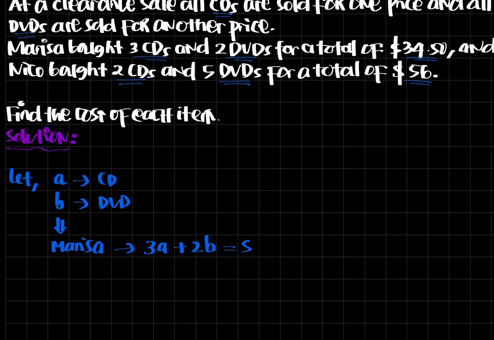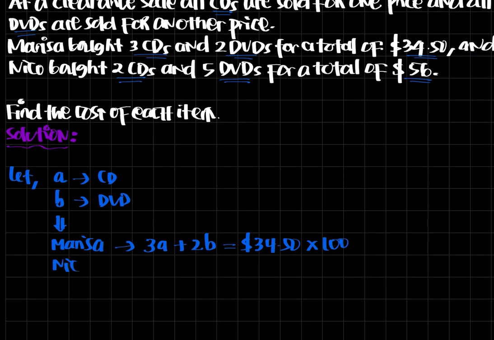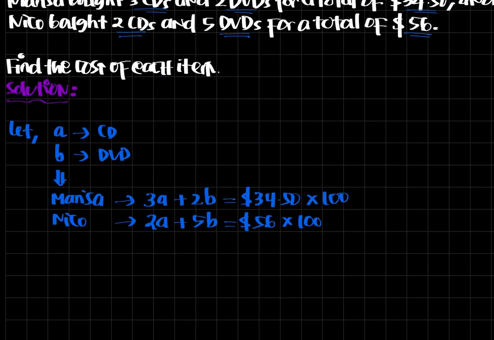You can convert it into cents by multiplying by 100, so there's no more decimal and everything is a whole number. Nico bought 2 CDs, so 2A plus 5B equals 56 times 100.